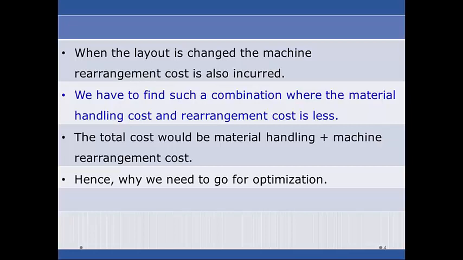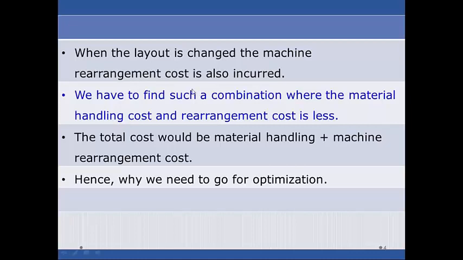And so why we want to keep the layout of the machines in the industry, meaning the locations of the machines, such that it will be optimum for that period, so that whatever number of jobs are under operation in that industry at that period, it will give us minimum material handling cost.